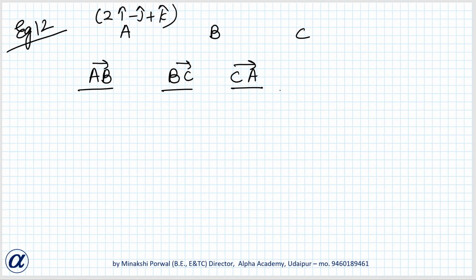Then we'll find the magnitude of all of them, magnitude of AB, BC, and CA. And then we'll compare whether it obeys PGT or not. If it is true, then these are coordinates of a right triangle.